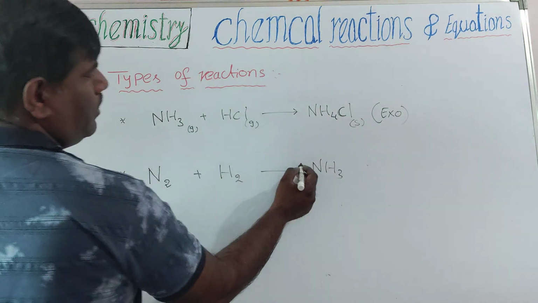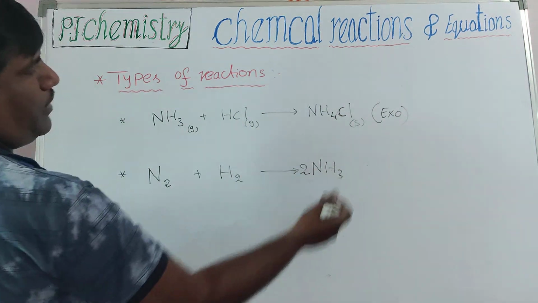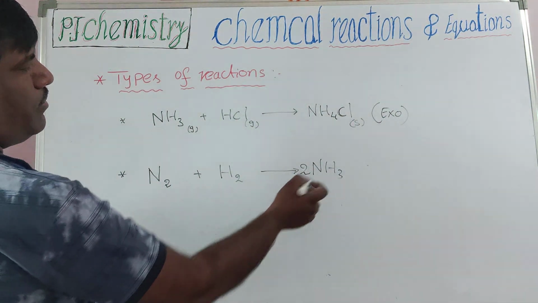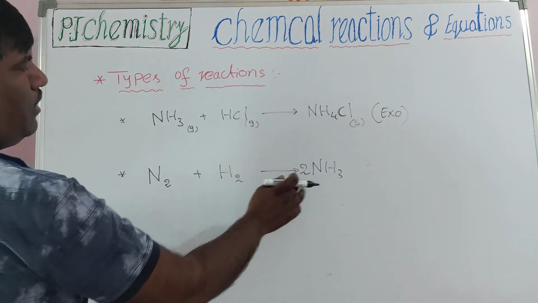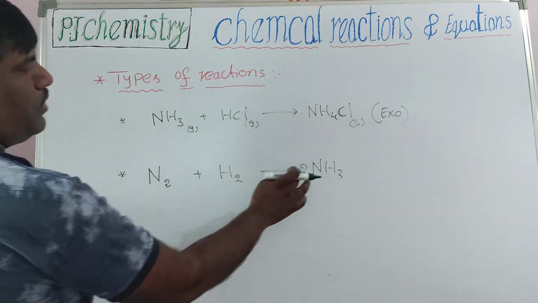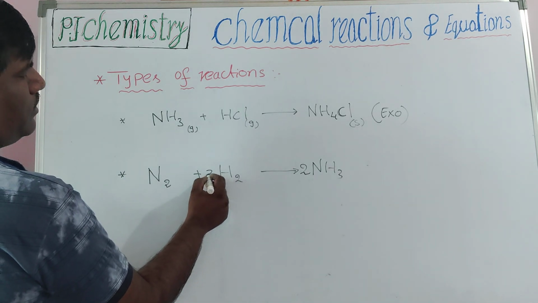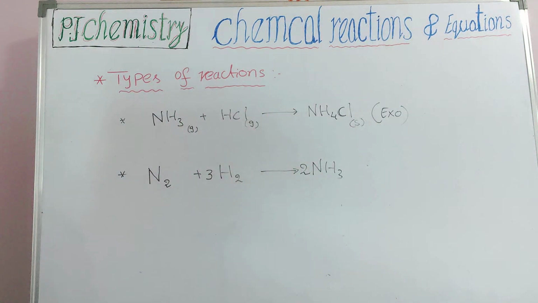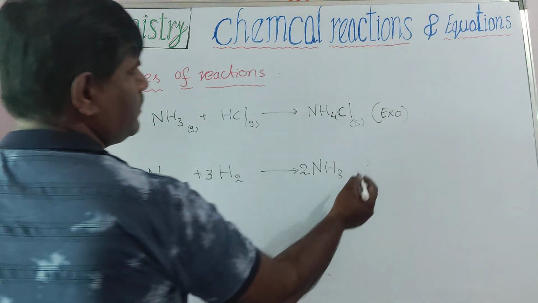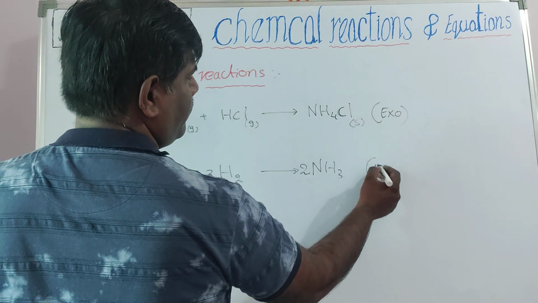Balance it, just multiply with 2 on the product side, since it is only single. Now 2 nitrogens, 2 nitrogens, 2 into 3, 6 hydrogens are there, but here only 2 are there, so 3 into 2. It is also an exothermic reaction.